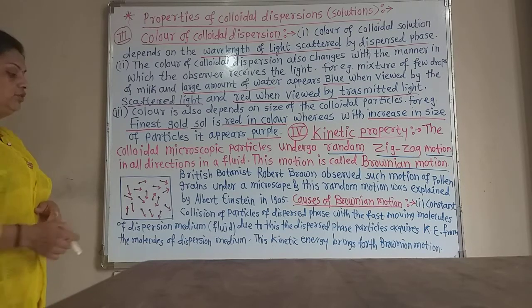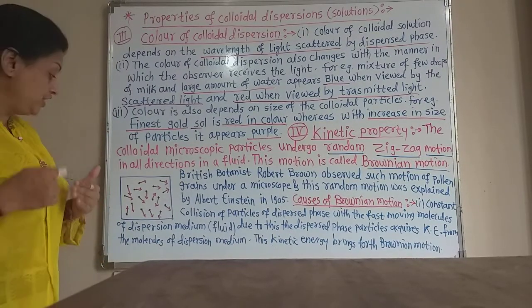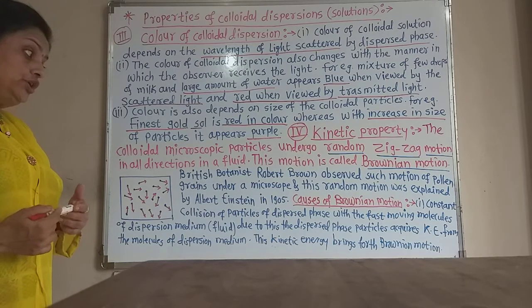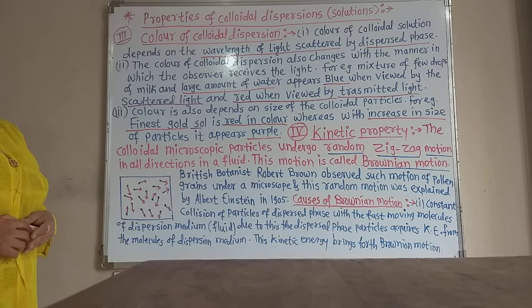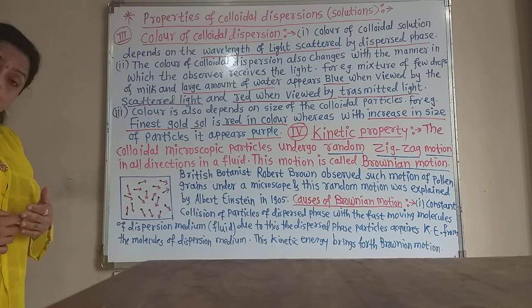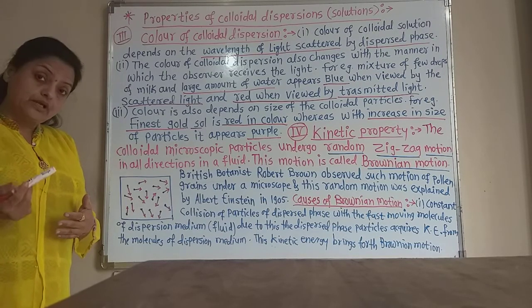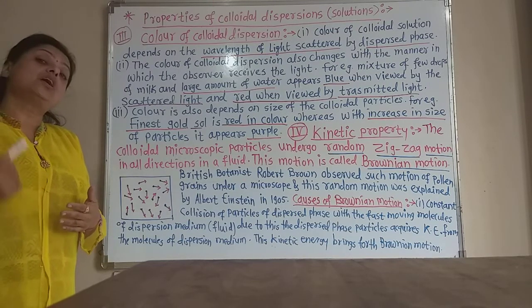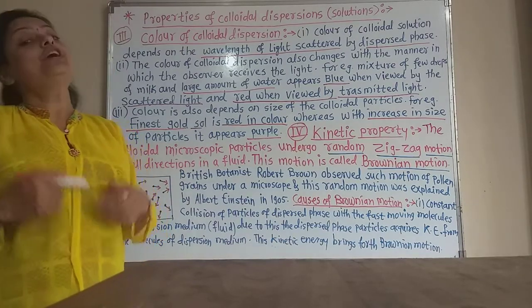So the constant collision of the particles of the dispersed phase with the fast moving molecules of the dispersion medium, that is the fluid, gives the dispersed phase particles kinetic energy, and this kinetic energy brings forth the Brownian motion.